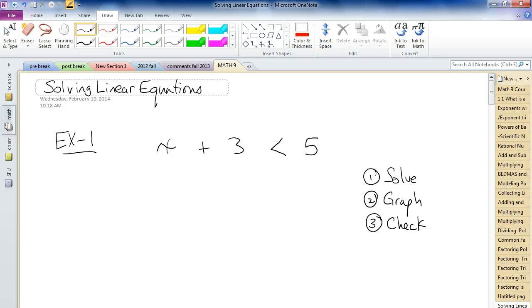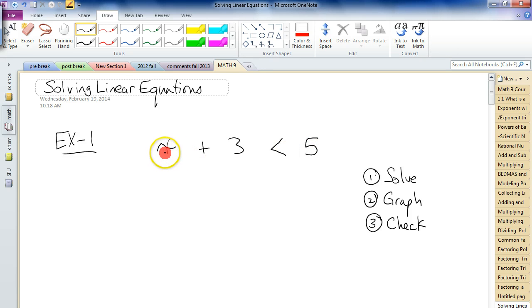Okay, so here now we are looking at a combination of the last little few lessons that we've done, and it's called solving linear equations. Actually, it's not solving linear equations. An equation has an equal sign in it, and this does not have an equal sign in it.